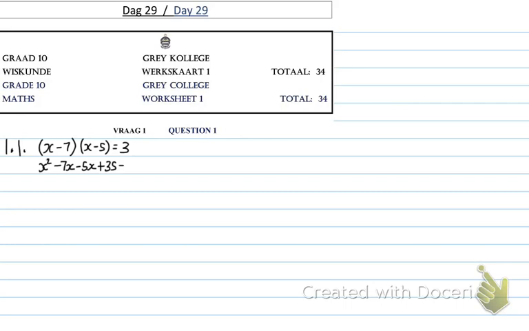Then I can identify that this is a quadratic equation, so I want to bring the 3 over to the other side so that I have 0 on the right hand side. So it is plus 35 minus 3 is equal to 0. Now I simplify a little bit. I get x squared minus 12x plus 32 is equal to 0.